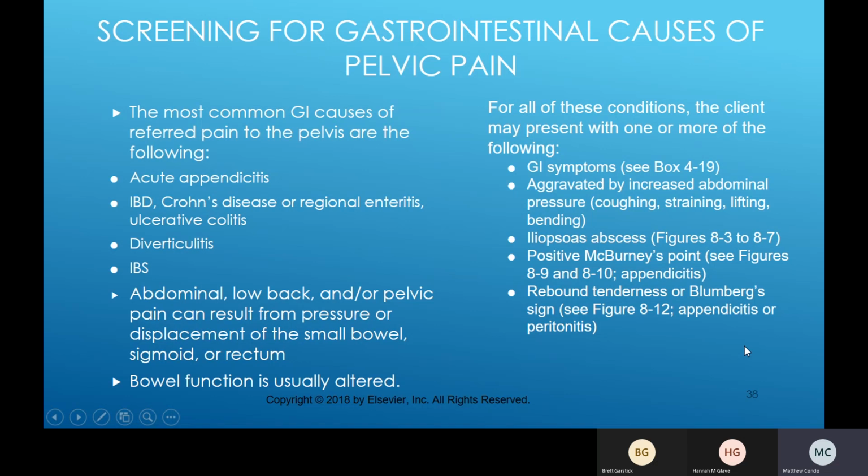So if I have pain that's increased with coughing, straining during a bowel movement, lifting, bending, that could be GI related. If I have pain that is associated with an iliopsoas abscess, obviously you guys know how to screen for that. These are rare, but they do happen.